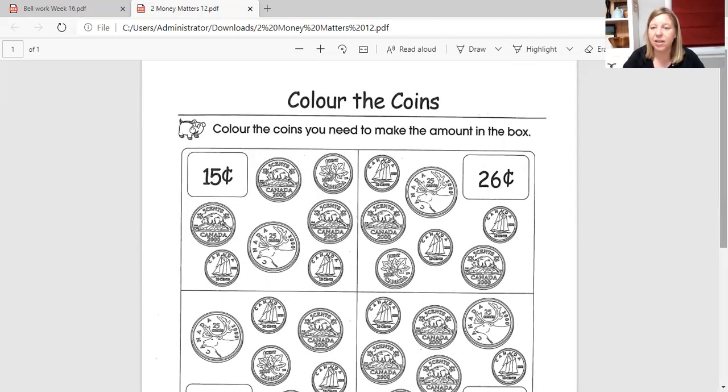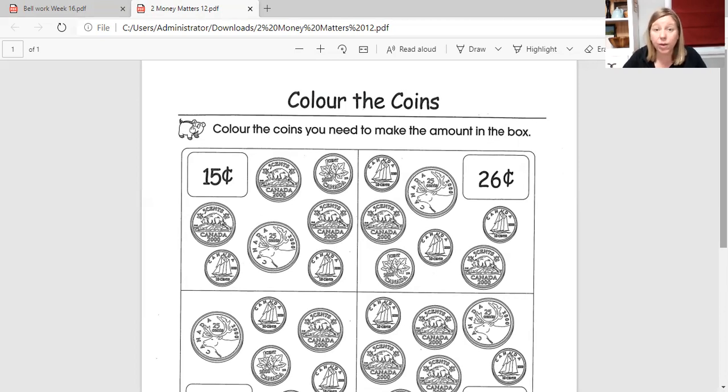It says, color the coins you need to make the amount in the box. Now let me just tell you that there might be more than one way to get to that amount. Only color the coins that add up exactly to that amount.